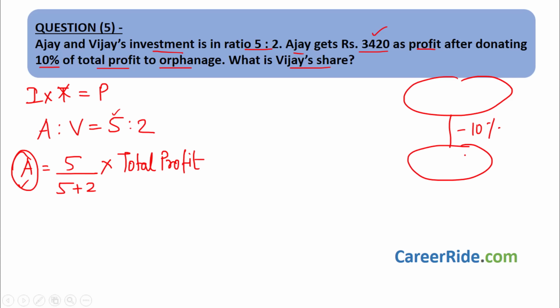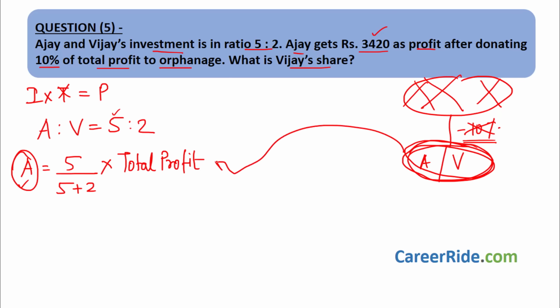Then some profit remains, and this was divided into two parts, one for Ajay, one for Vijay. So whatever share for Vijay we are finding out is after giving out that 10% for the orphanage. So we need not consider the overall profit or how much the orphanage got. We should be concerned only with this much amount of profit. So this is our total profit.